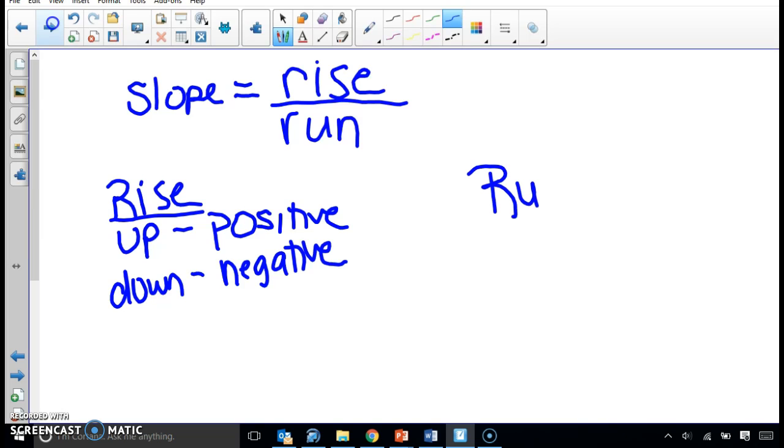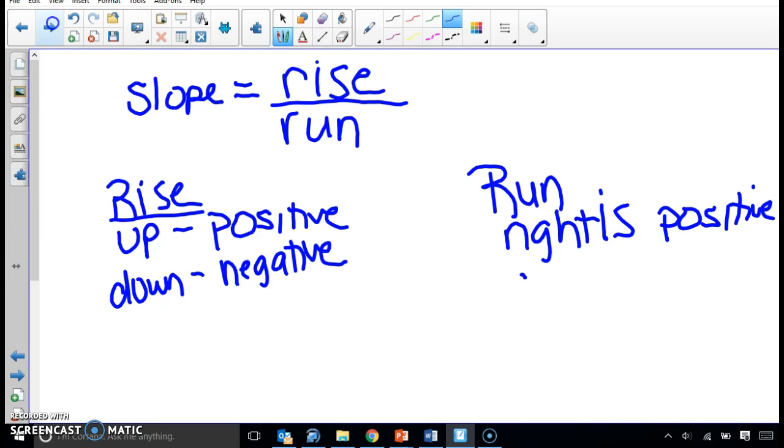And then looking at run, right is positive, and left is negative. So rise up, positive. When you rise down or fall, it's negative. You go to the right, it's positive. To the left is negative.